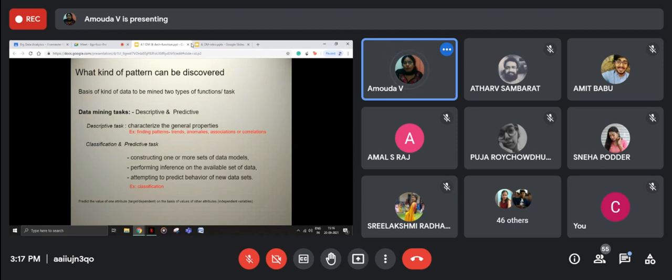We will see in detail in a later class what classification is. What it does is attempt to predict the behavior of a new data set. What do you mean by that? First, you take a very small amount of data, choose the algorithm, and according to the algorithm you make a model. Then you give the small amount of input and make the system learn that data completely.